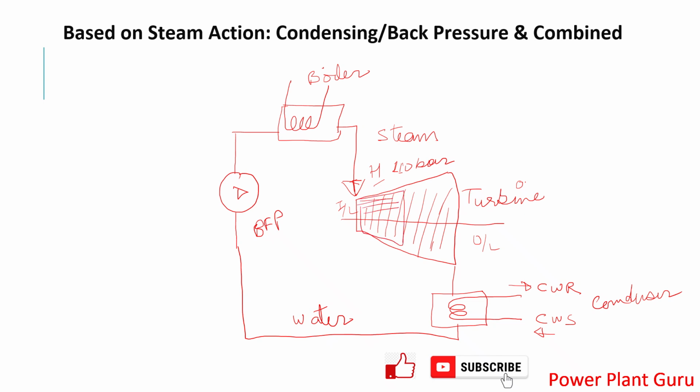Just for the sake of understanding, I'm giving this kind of representation. Let's say you want to utilize your machine for power generation. So you put the steam here, you draw some power till here, and then you utilize this steam for some of your chemical process.